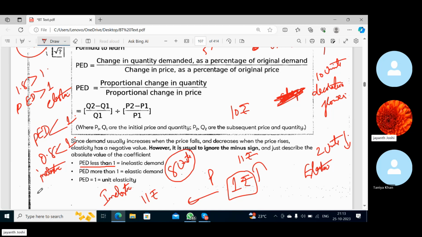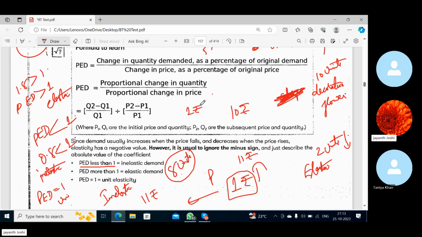If price elasticity of demand is equal to 1, unitary elastic. That means a 1 rupee increase in price leads to a change that is not that drastic.